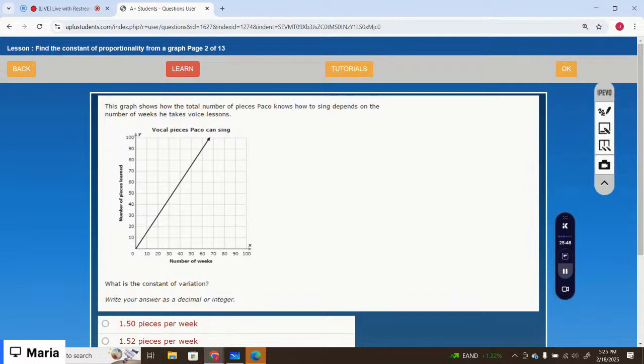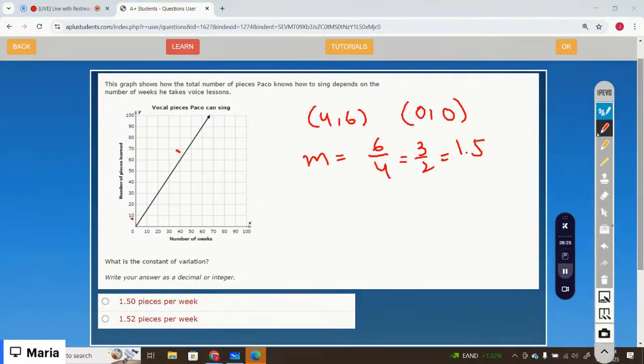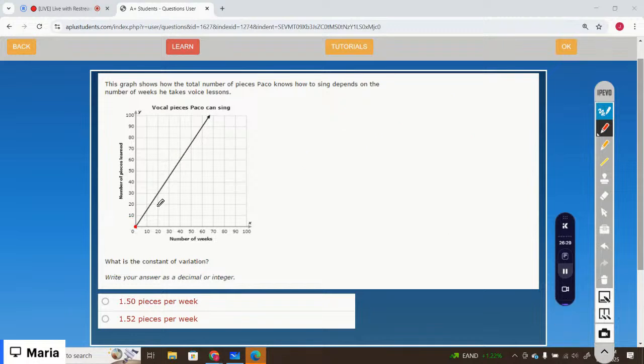This graph shows how the total number of pieces Pecco knows how to sing depends on the number of weeks he has voice lessons. 60 over 40.